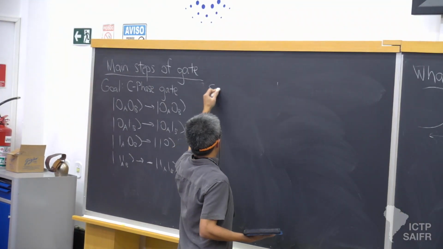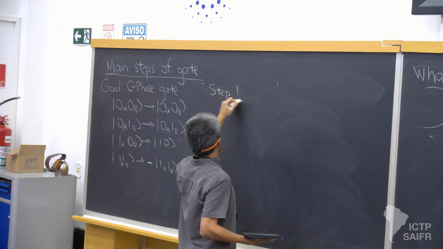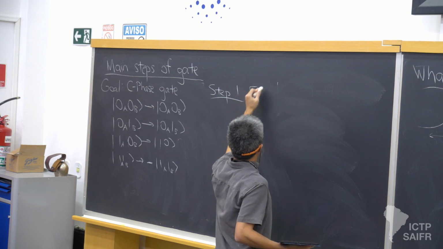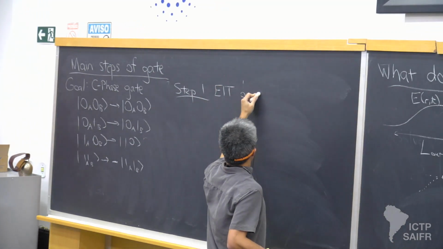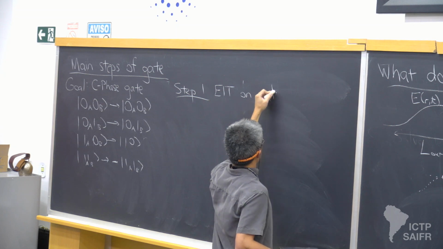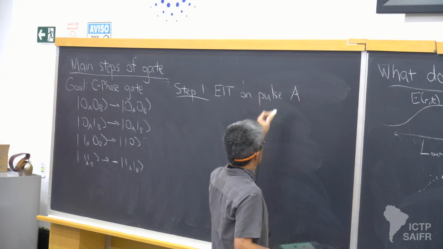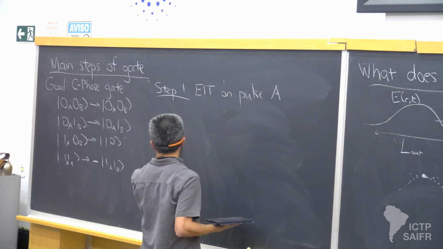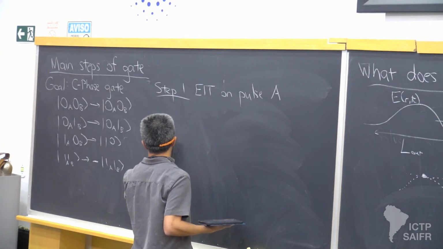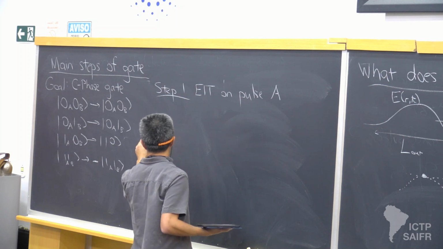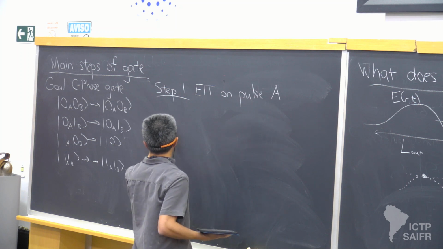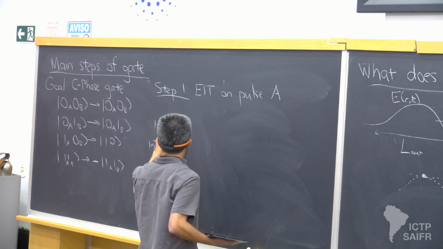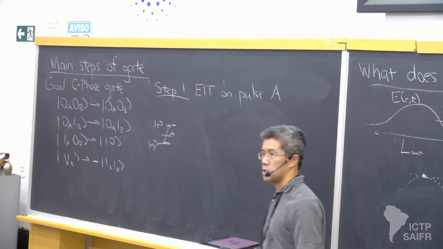In step 1, you do EIT on pulse A. The idea is that we'll have the usual 3-level structure that I showed before. We'll have a ground state G. Pulse A will come in and talk to the G to E transition.